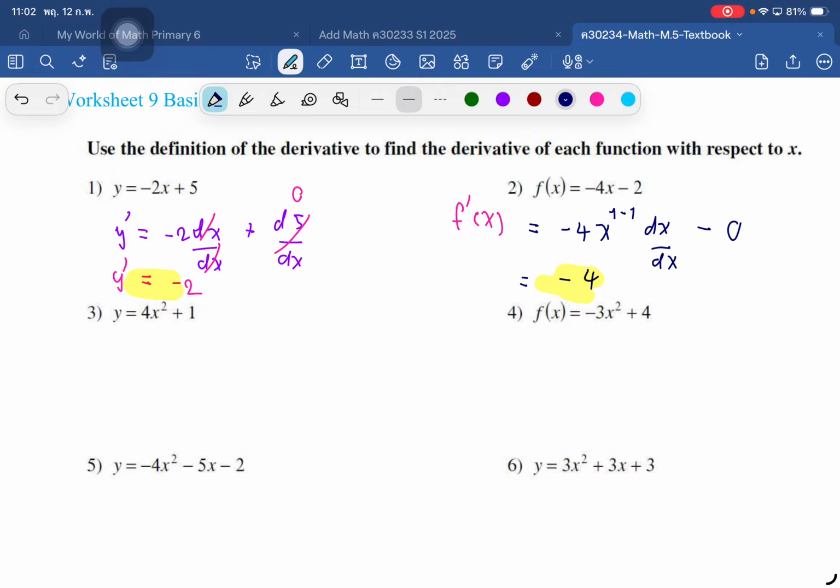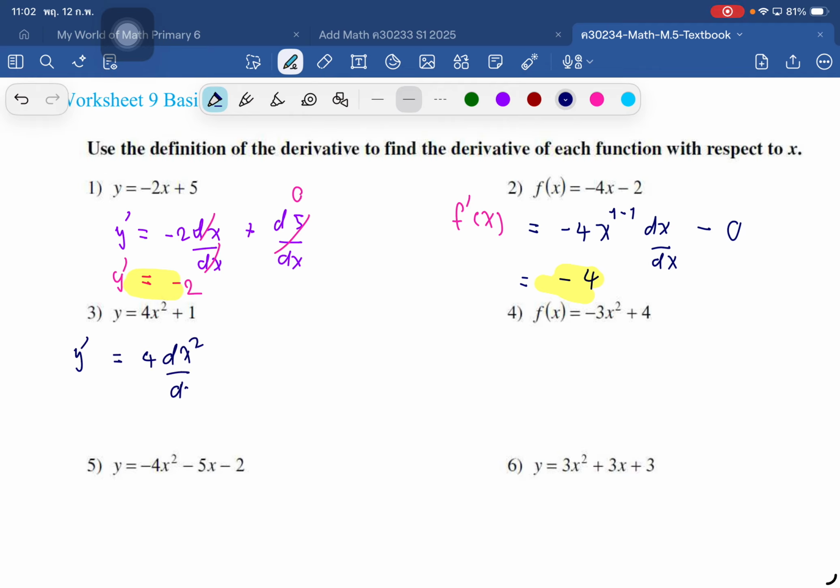But if it's merged like this, you're going to set the term, let's say u equal to the square root, which is the power of 1 over 2. U is minus 3x minus 5, to the power 1 over 2.